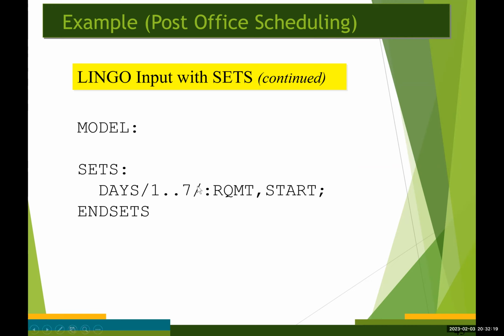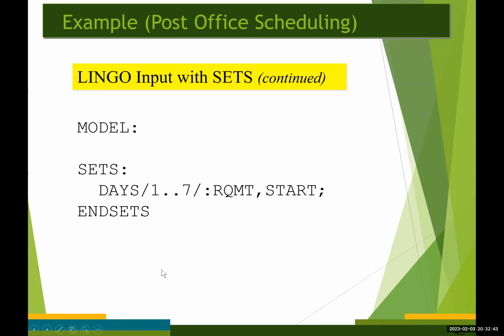And here, the RQMT stands for the requirement. So that's the number of workers needed for each day, right? So we're going to have 7 different values because this set days will take only 7 different members, right?